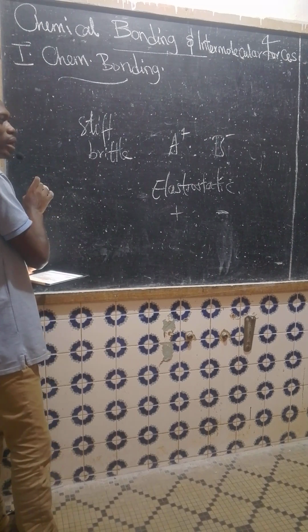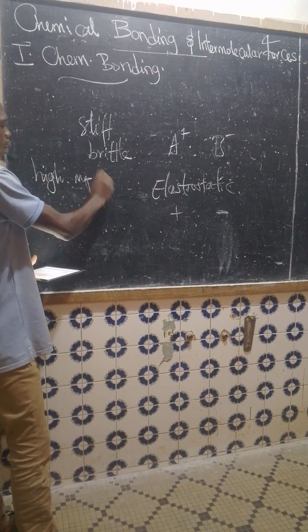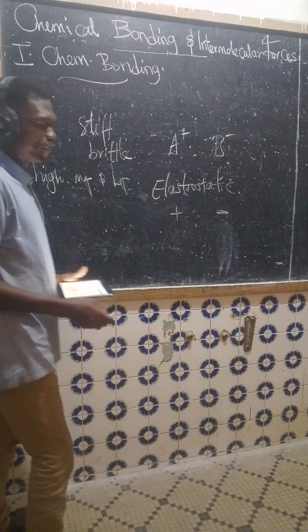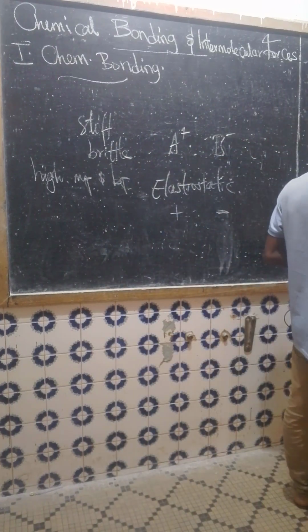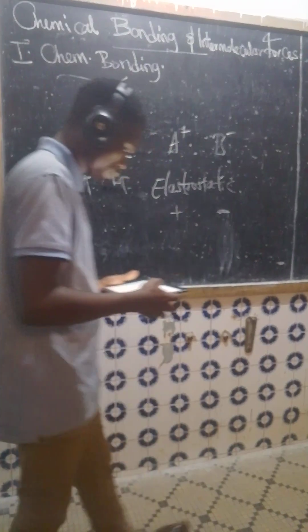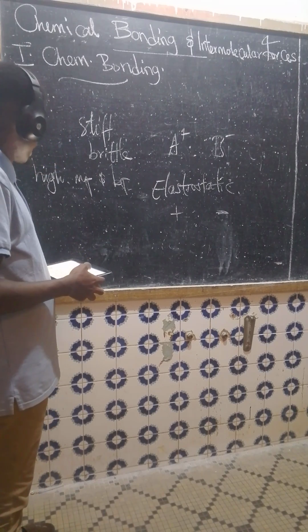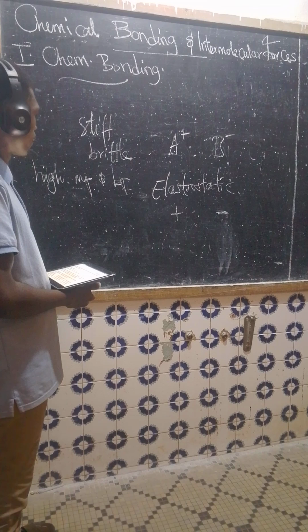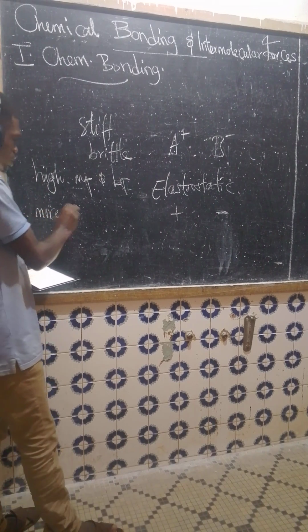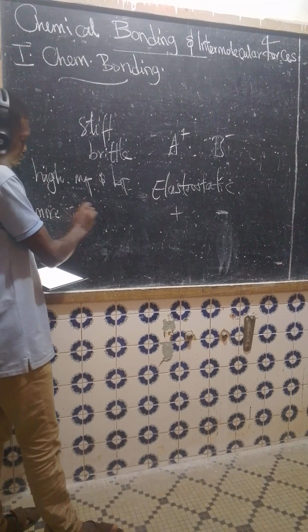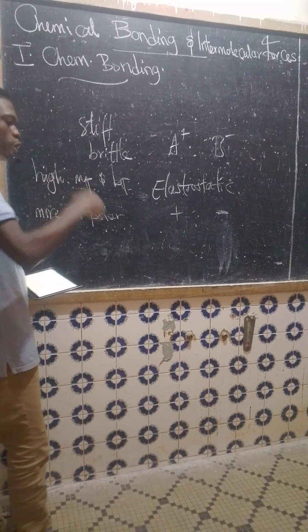Number 3, ionic compounds have high melting and boiling points. Number 4, they are soluble, more in polar solvents and less in non-polar solvents.